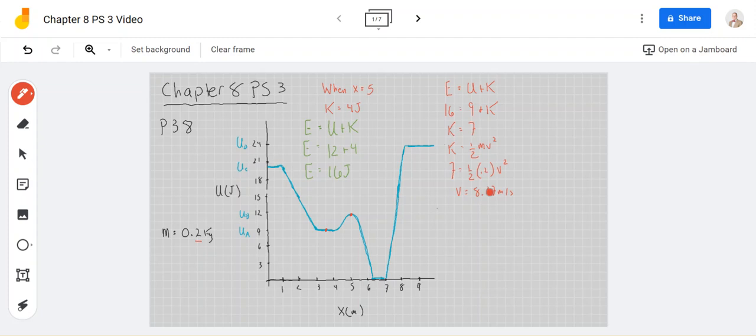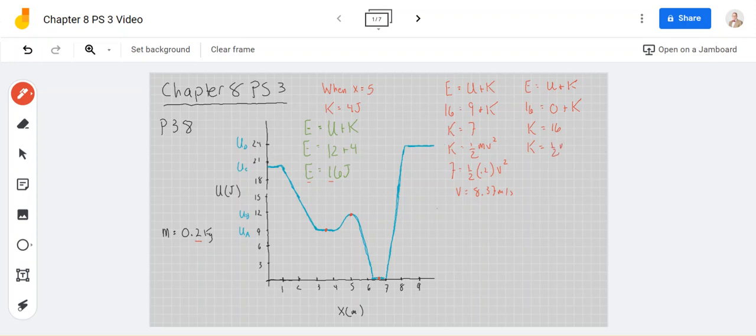All right, the next one says, what is the speed when the position is 6.5? So 6.5 would be down here. We're going to start with our general principle again: E is equal to U plus K. E is still 16, because there's no non-conservative forces, so the total energy is always 16 in this problem. If I look, the U here is 0, so K is equal to 16.